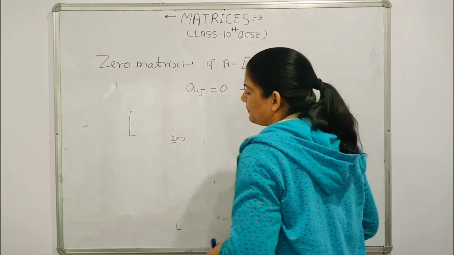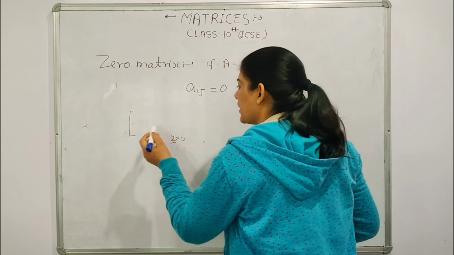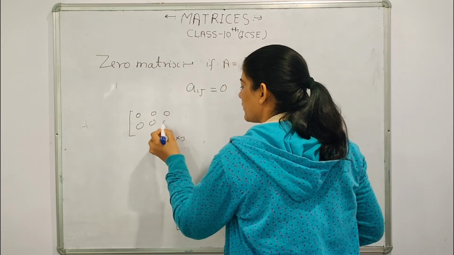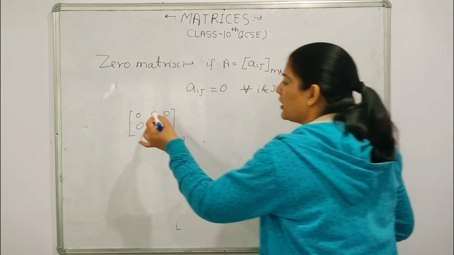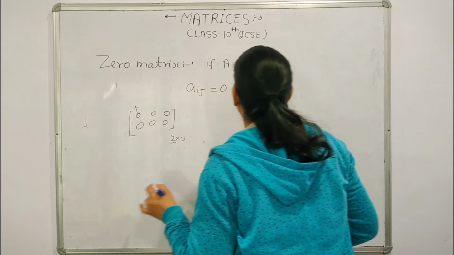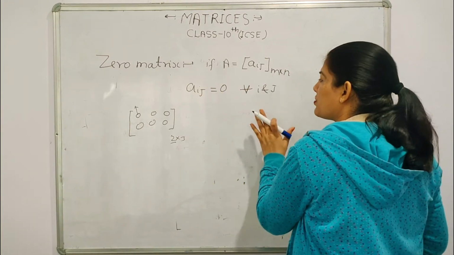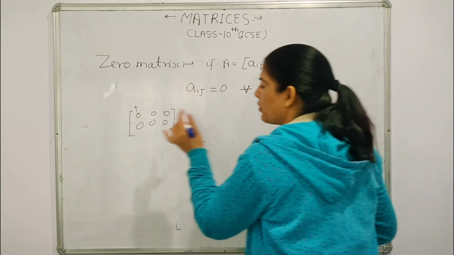So here the number of rows is 2 and the number of columns is 3. So you can see here the first element, because I have written it as Aij is equal to 0 for all i and j.